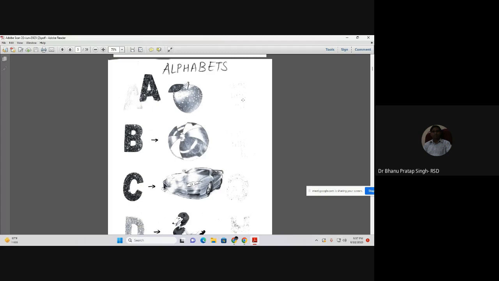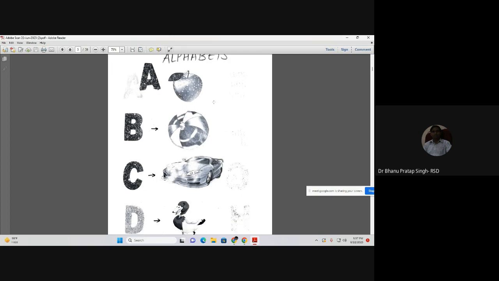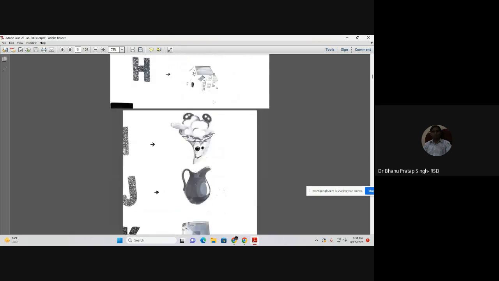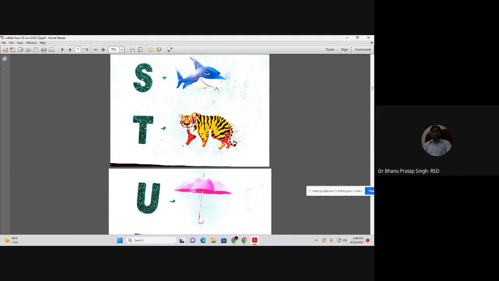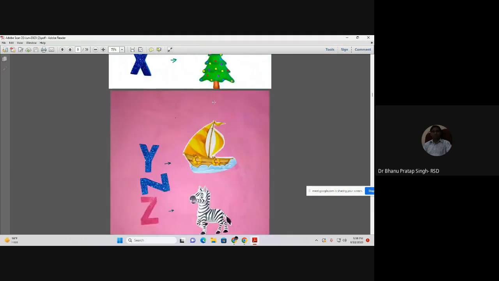If she is preparing such a wonderful alphabet A, then she should name this picture Apple. Their full form should also be there: Apple, this is Ball, this is Car, and it would be better. So this is the picture of alphabet A B C D, up to X Y Z.